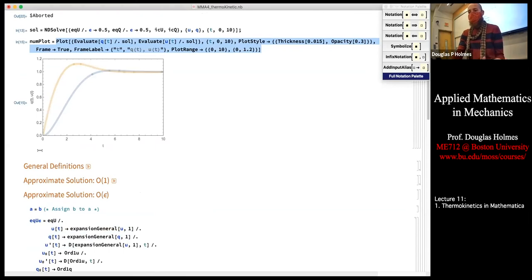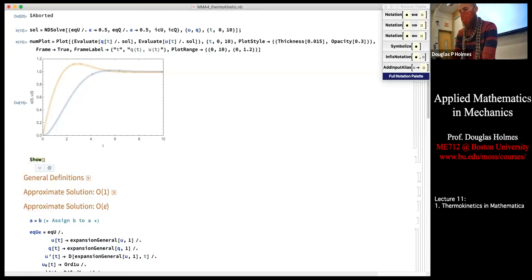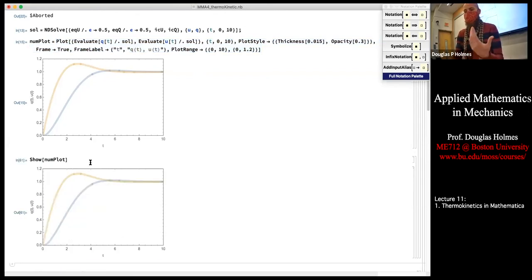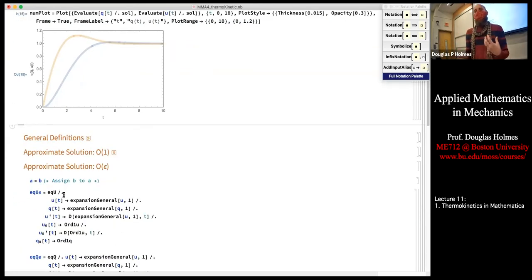So that way I can just call numplot. I can say, hey, show me numplot. And instead of having to type in all of this, I just assigned all of this to a variable. So it's kind of like shorthand, taking all this and solving this numplot, and then I can plot that. So the single equal sign is like making an assignment of some number or some output or some calculation to a variable.